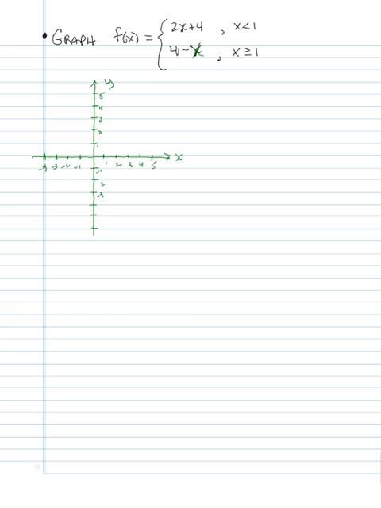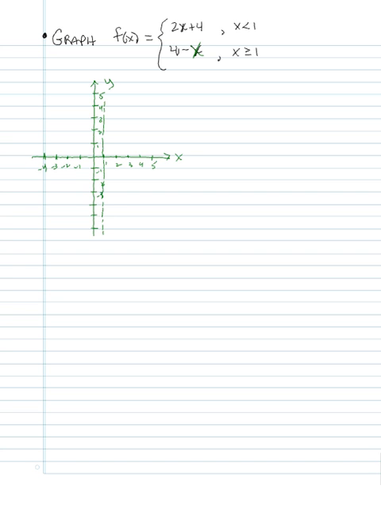Now, here's what I end up doing. I say, look where the break is: x is less than 1 and x is greater than or equal to 1. So I imagine, whether I draw it in here or not, a vertical line through the x value 1. It's dashed.